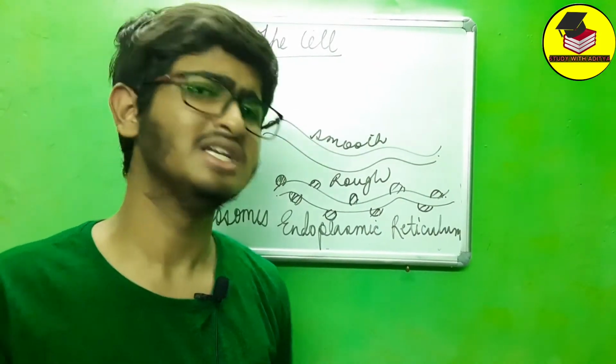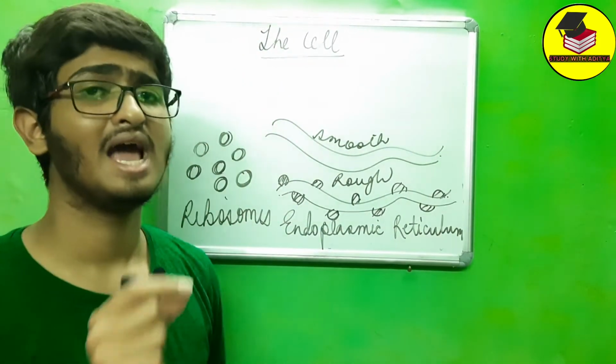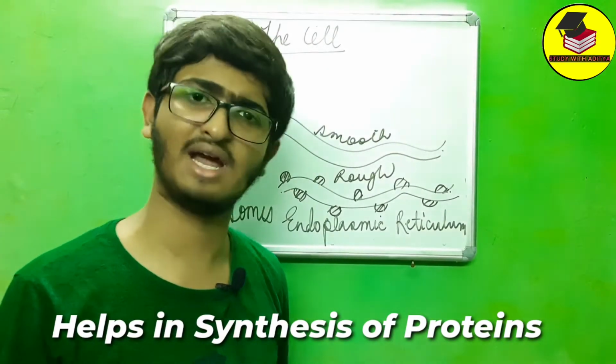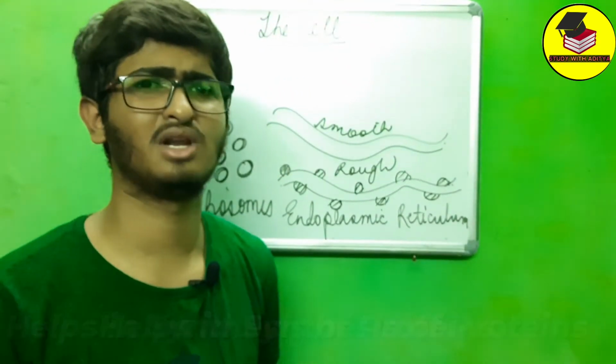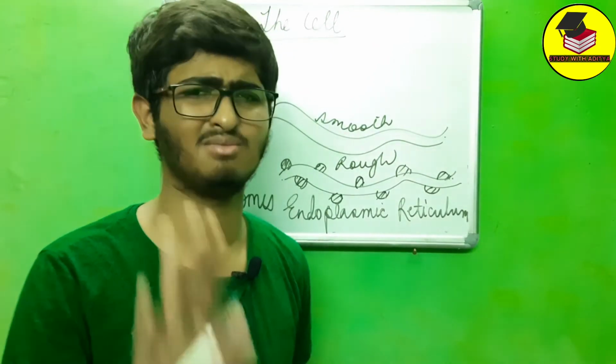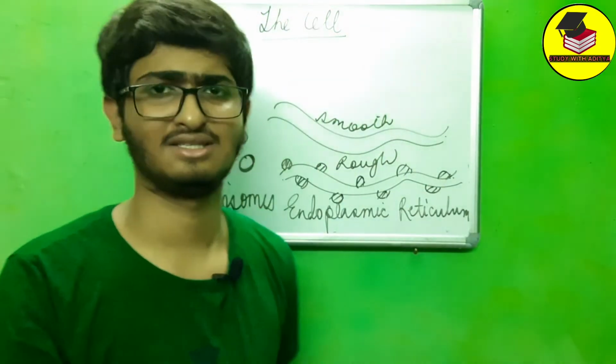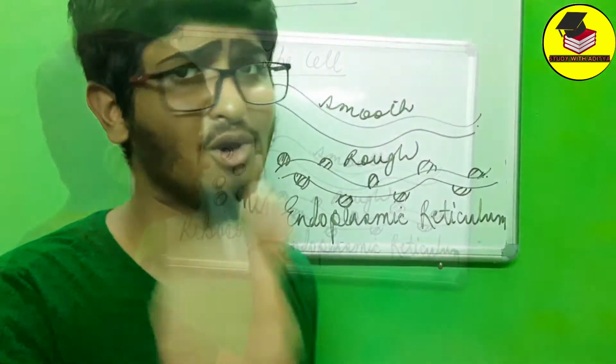The function is similar to the nucleolus: it helps in the formation, or synthesis, of proteins. Simply write that. You don't need to write ribosomal RNA and ribosomal protein. That is the basic function, but you should simply write protein synthesis. That is most important.